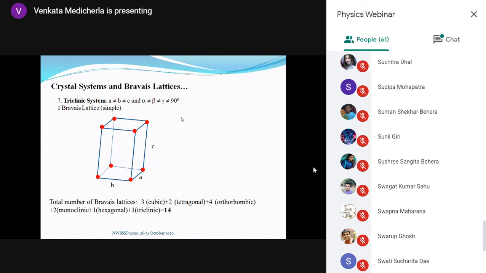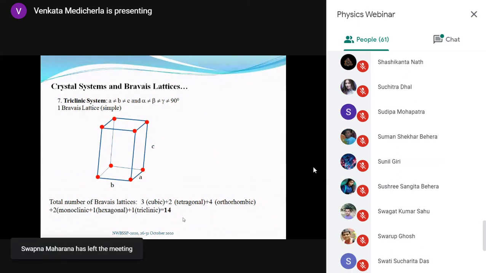So how many total Bravais lattices do we have? 3 for cubic, 2 for tetragonal, 4 for orthorhombic, 2 for monoclinic, 1 hexagonal, 1 rhombohedral, 1 triclinic. Total 14 Bravais lattices and 7 crystal systems. If you want to really enumerate why there are only 14 Bravais lattices, that can be done. For that, you need group theory, the rotation operations.